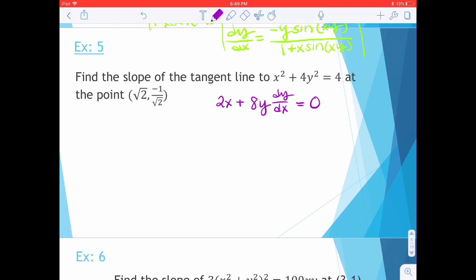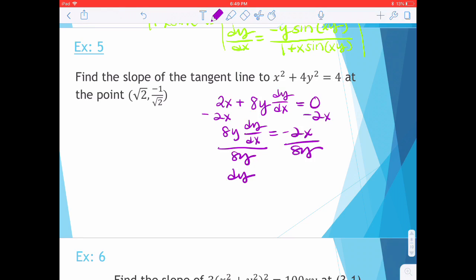So let's subtract 2x from both sides. Now we want to solve for dy/dx. Divide by 8y, divide by 8y.